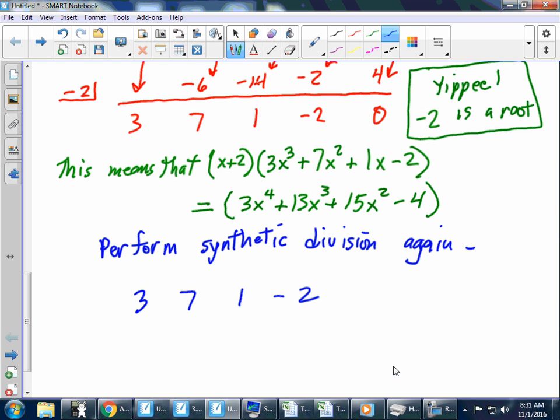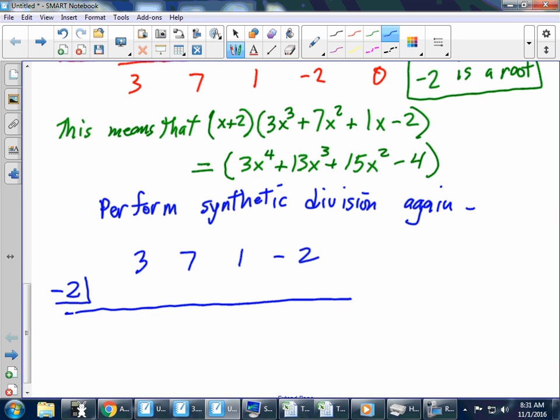We already know one of those roots, so let's just use it again. We have negative 2. If it's a root one place, it's a root every place. So what does that come out to be? Bring down the 3. Negative 6. Add: 1. Negative 2. Add: negative 1.